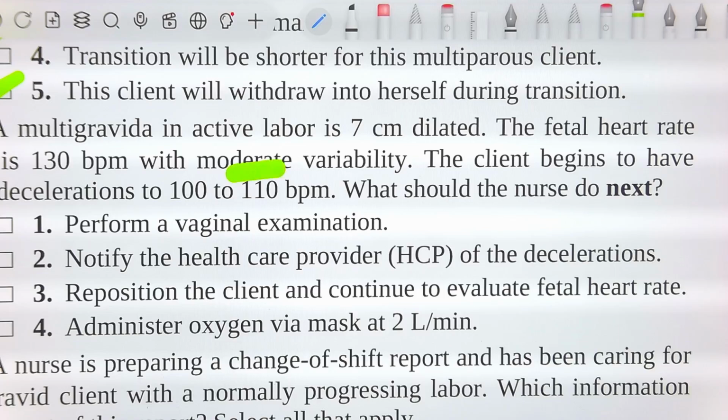In variable deceleration, किस किस वजह से हो सकती है? कॉर्ड कम्प्रेशन की वजह से भी हो सकती है. So in this condition, we will reposition the client and continue to evaluate fetal heart rate will be the correct option because it will get normal by repositioning the client.